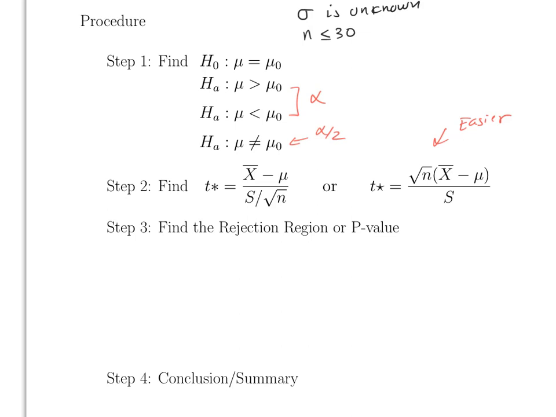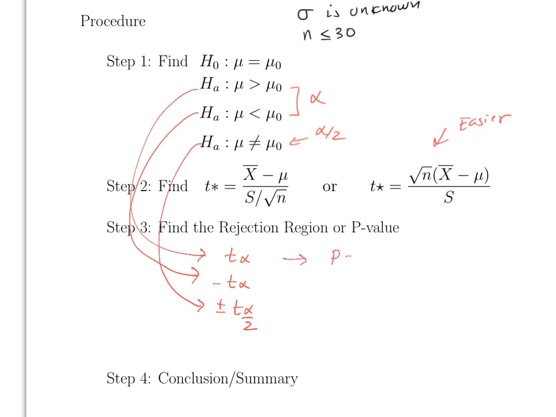And here's going to be the difference. The rejection region or the p-value is going to change from Z to T. So you have this case, it's going to be T of alpha. This one is going to be minus T of alpha. Remember that they require degrees of freedom. And this is going to be plus or minus T of alpha over 2. And the p-value is going to be very similar.